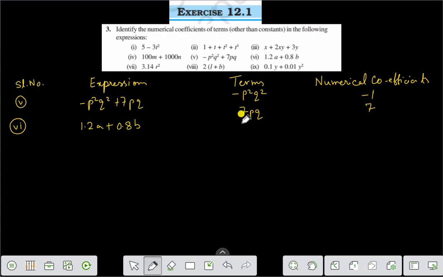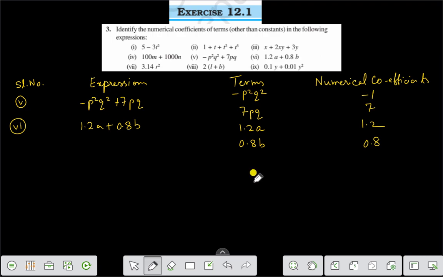Now the terms are 1.2a and 0.8b. To find the numerical coefficient, a is multiplied with 1.2, therefore the numerical coefficient is 1.2. Here b is multiplied with 0.8, therefore the numerical coefficient will be 0.8. Now we solve question number 7.